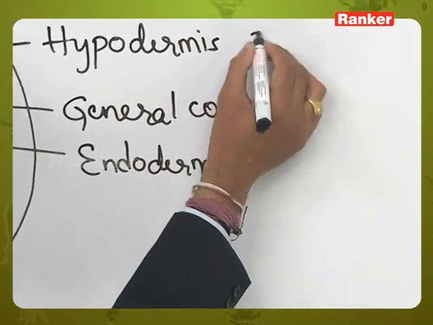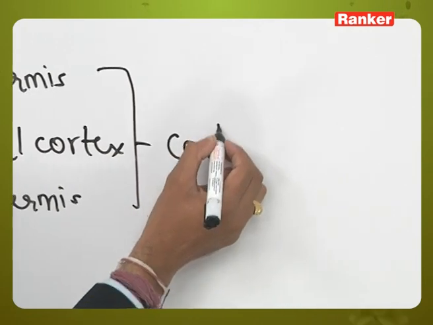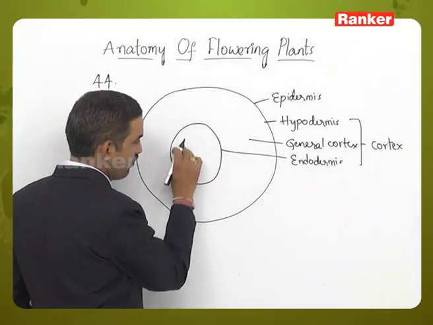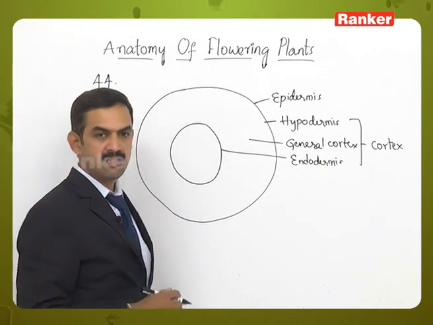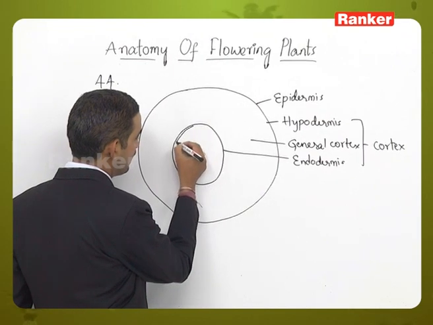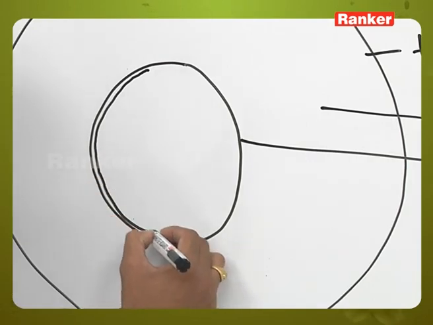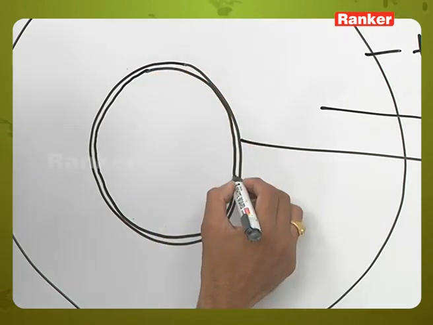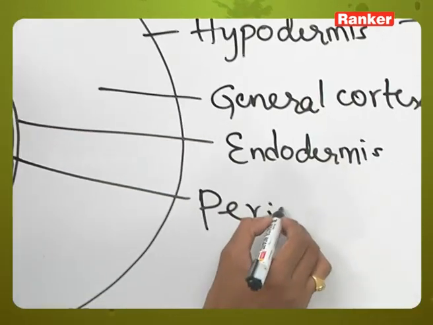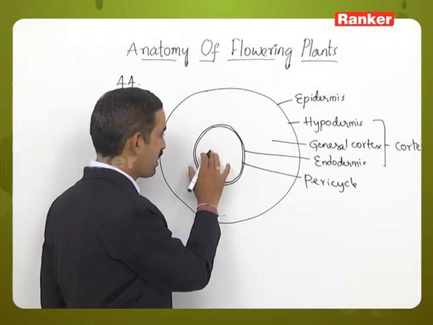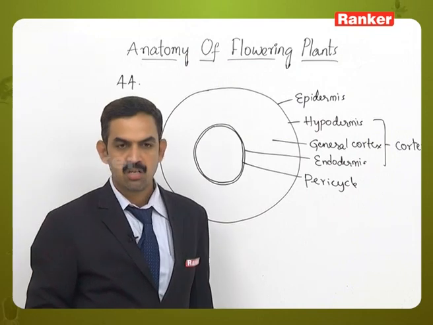So, these three parts are combinedly called the cortex, and inside the endodermis whatever tissue is present we call it the stele. In the stele, the outermost layer, which is present just below the endodermis, is called the pericycle, and inside this we can see the vascular tissue and the central part is occupied by the medulla or pith.